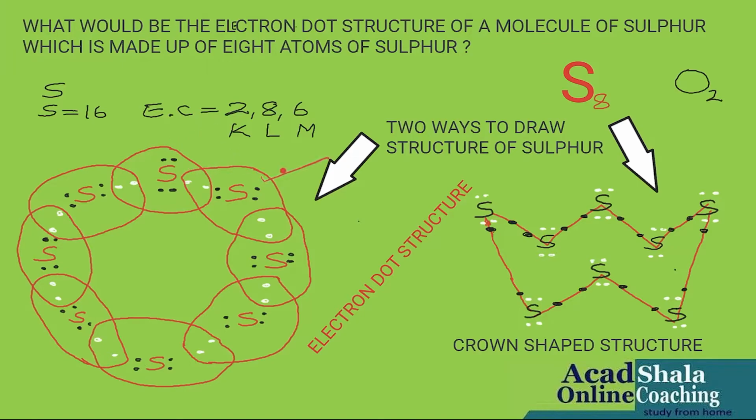Now this sulfur says, let me also check. I had my 1, 2, 3, 4, 5, 6 electrons previously, and this sulfur shared 1 electron with me, and this sulfur also shared 1 electron with me. So let me make a circle and check whether I have attained the stable gas configuration.